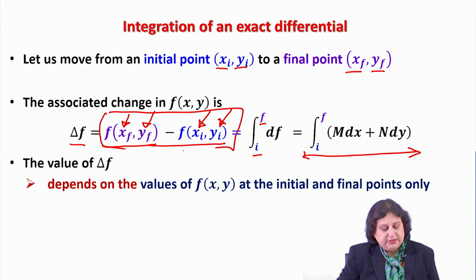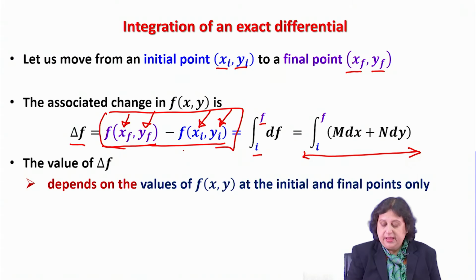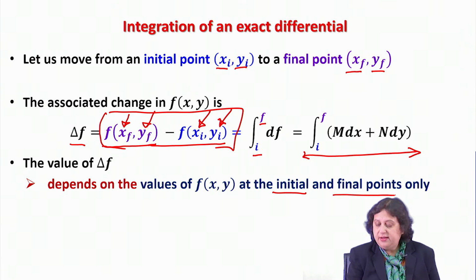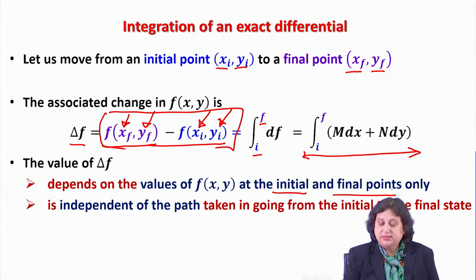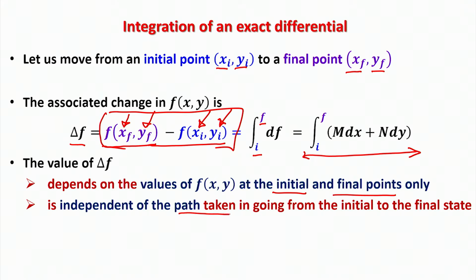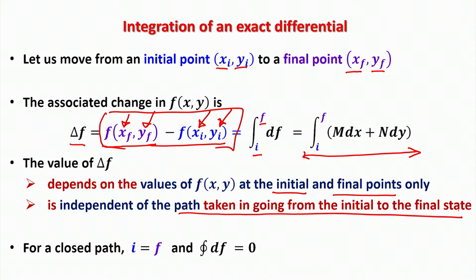And therefore, it's very important to note that the value of delta f, that is the change in f of x, y as it goes from the initial to the final point, depends only on the value of f of x, y at the initial and final points, and it does not depend on the path taken in going from the initial to the final state. This is a hallmark of an exact differential.